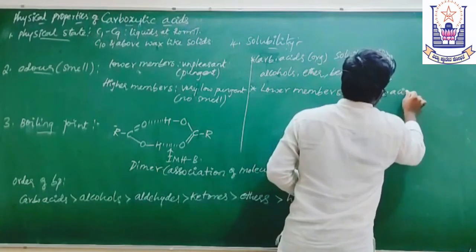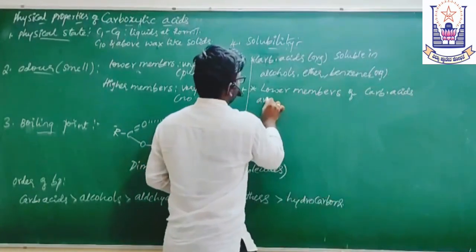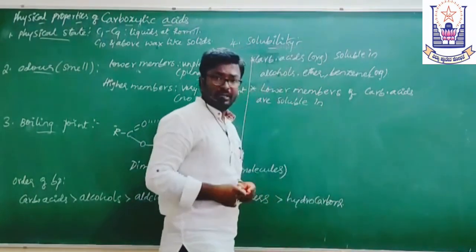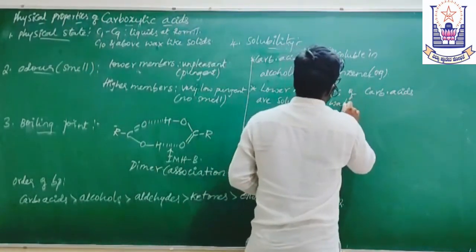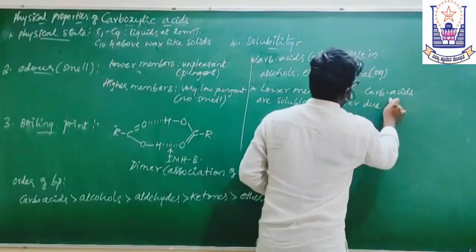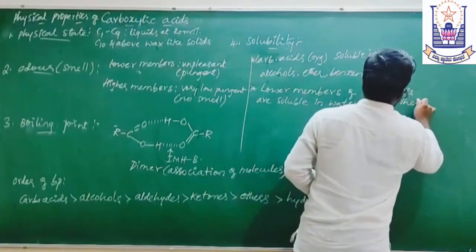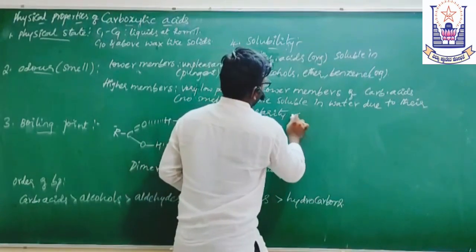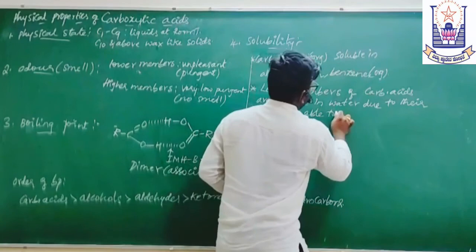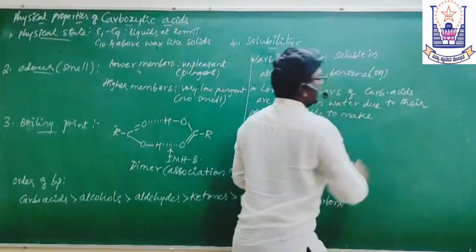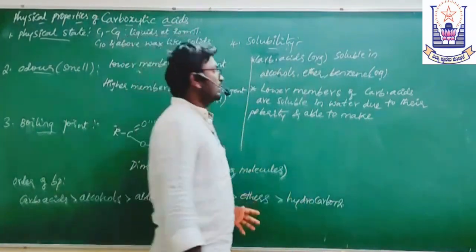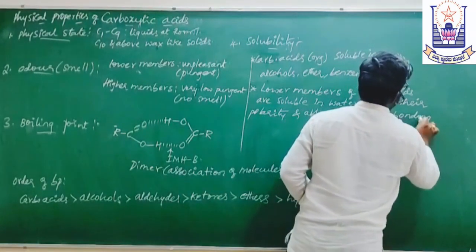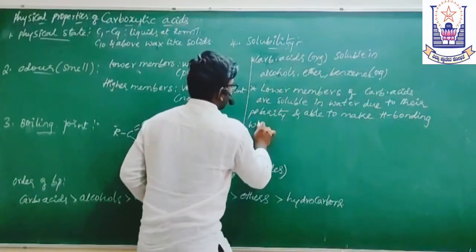Lower members of carboxylic acids are soluble in water due to their polarity and are able to make hydrogen bonding with water.